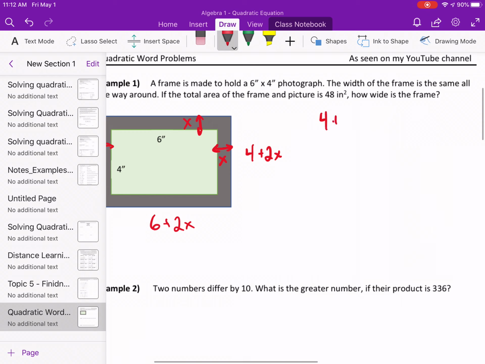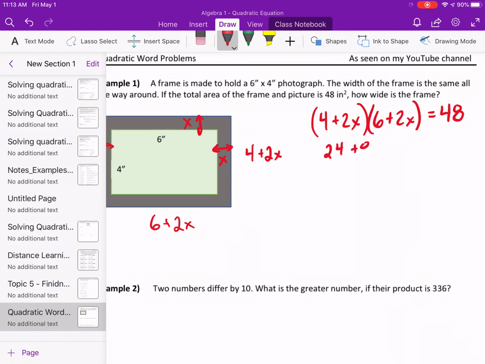So 4 plus 2x times 6 plus 2x has to equal 48. I'm going to get that into standard form by multiplying 4 times 6 plus 2x to get 24 plus 8x. Then 2x times 6 plus 2x equals 48.